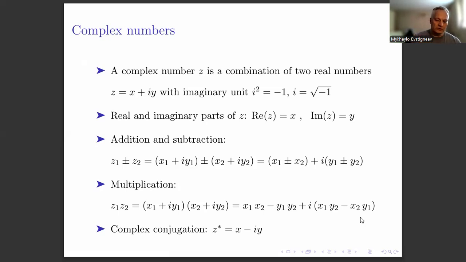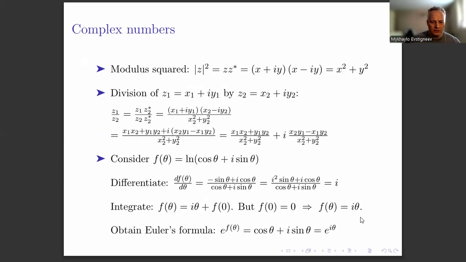In order to introduce a further arithmetic operation, the division of complex numbers. Before that, if you multiply a complex number by its complex conjugate, you will get a real number, x squared plus y squared, the sum of squares of the real part and the imaginary part.